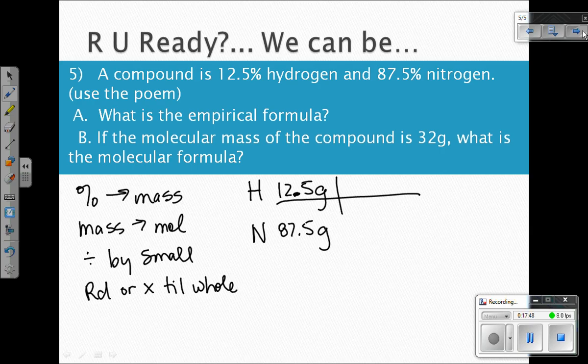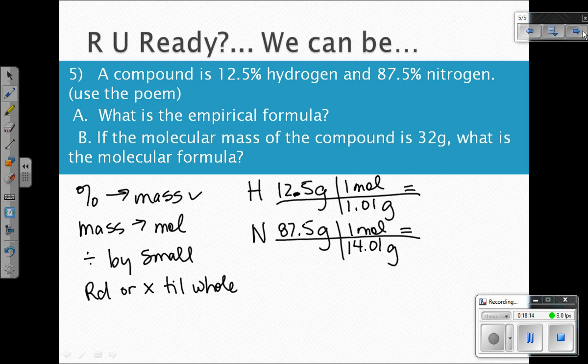So we've done that first one. Now we go from mass to moles. We're going to take 1.01 grams of hydrogen, which I got off the periodic table, is 1 mole of it. Then I also know that for nitrogen, it is 14.01 grams for every 1 mole. Again, I just got those numbers directly off the periodic table.